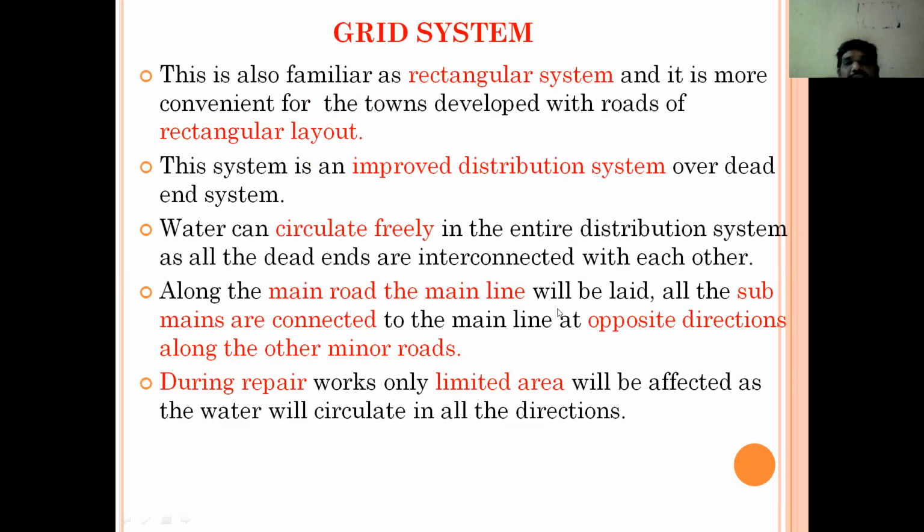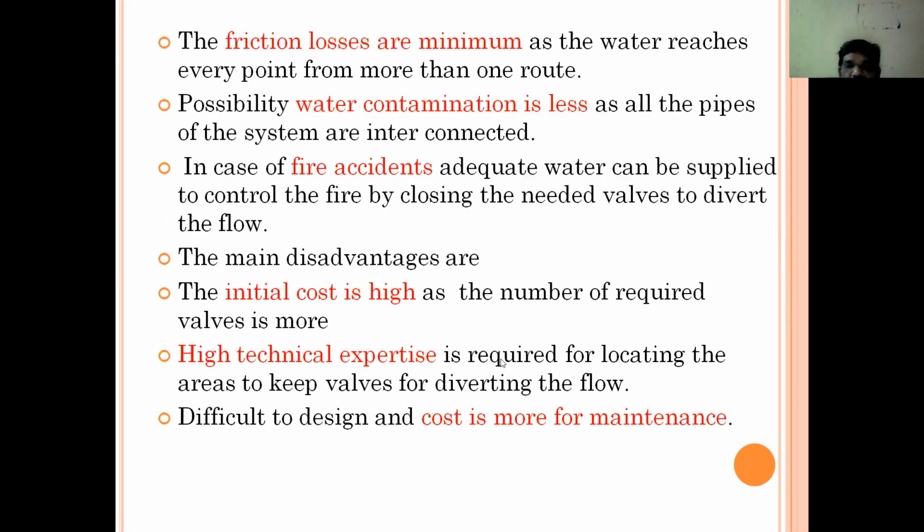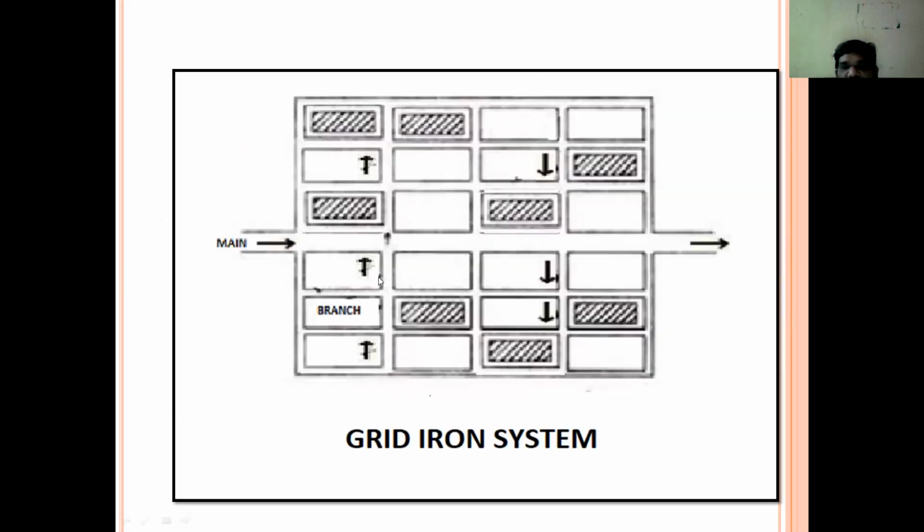Along the main road, the main line will be laid. All the submains are connected to the main line in opposite directions along the other minor roads. Here, the main line is laid along the main road, and to this main line, the submains are connected in opposite directions to the minor roads.